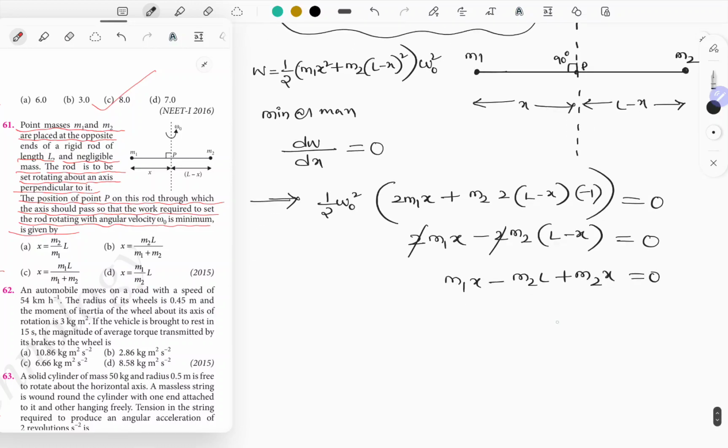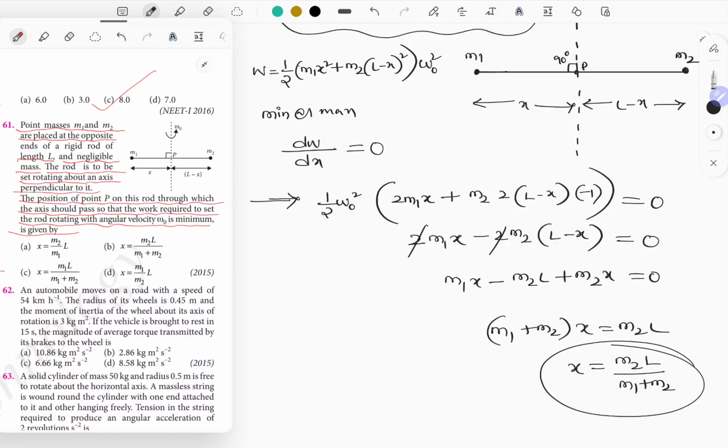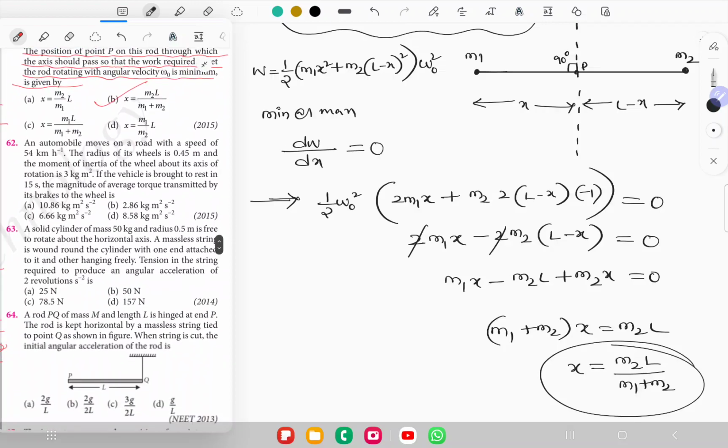Now the thing I have to find out is x, right? So m1 plus m2 into x is equal to m2 L. Then x is equal to m2 L divided by m1 plus m2. So this is going to be the answer. Which option matches? m2 L by m1 plus m2. Option B is the correct answer.